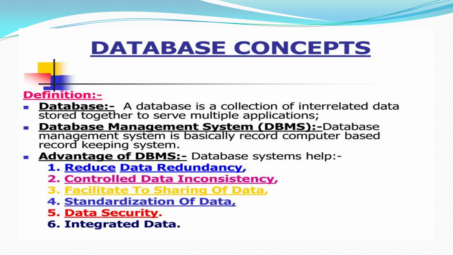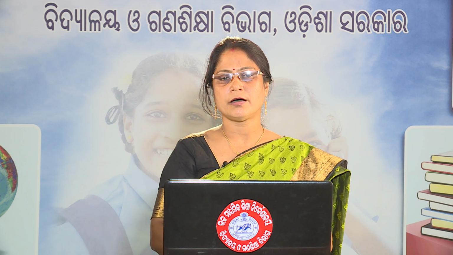Another is control of data inconsistency, third is it facilitates sharing of data, next it standardizes data, and data security and privacy are also well maintained with the help of database, and an integrated data structure can also be maintained with the help of a computer based record keeping system or our database system.